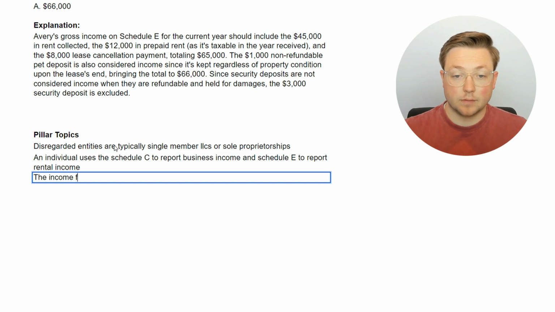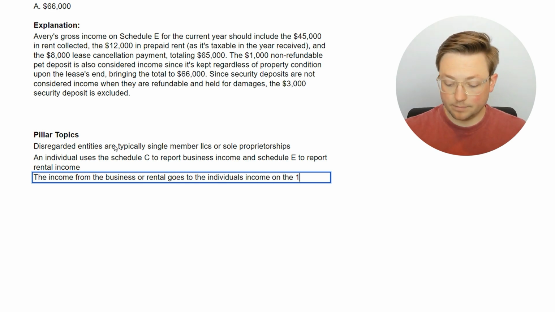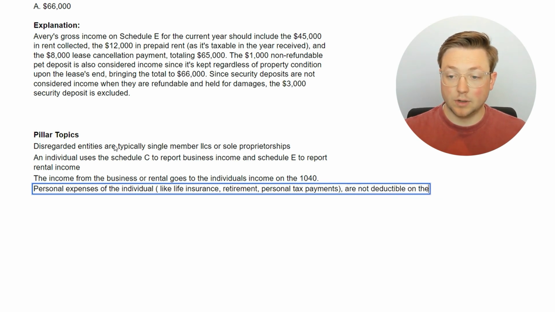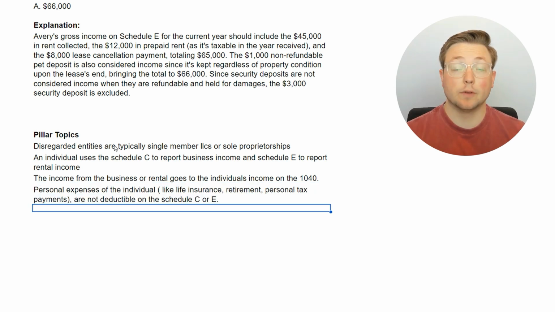The income from the business or rental goes to the individual's income on the 1040. Personal expenses of the individual, like life insurance, retirement, and personal tax payments, are not deductible on the Schedule C or E. Okay, those are some of the pillar topics that we could pull out there.